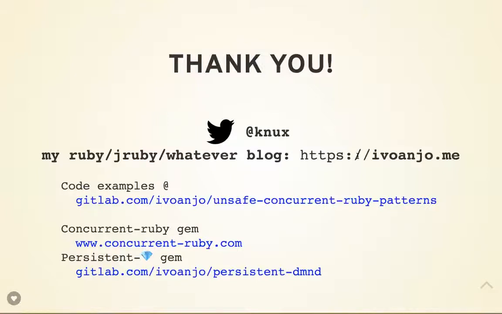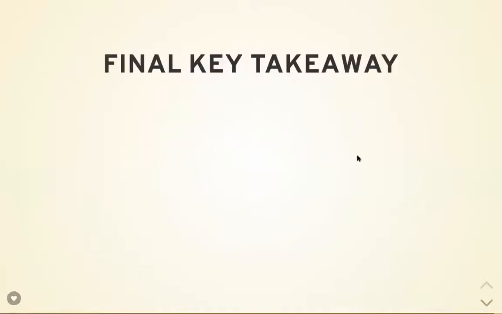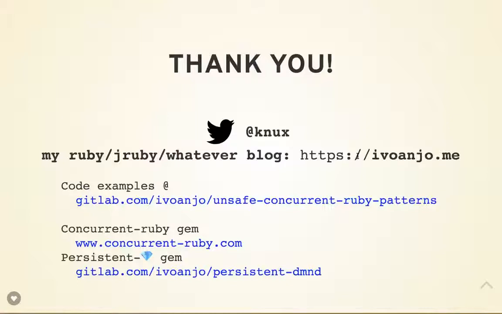Actually, can you say more about the new stuff that's coming on 3.0? Yeah. So I don't have slides for that. But the thing is, Koichi Sasada, one of the core Ruby developers, is proposing a new concept called guilds.